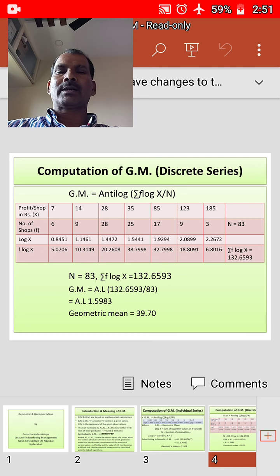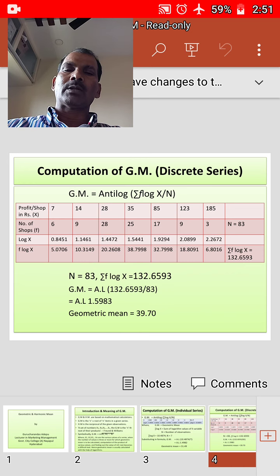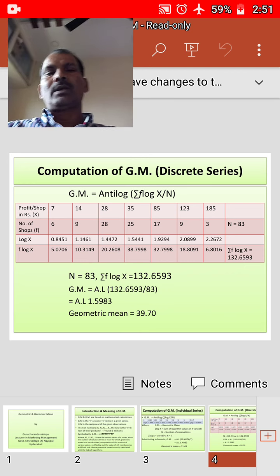If we substitute in the given formula, GM is equal to antilog of sigma f log x by n, that is antilog of 132.6593 by 83, which is antilog of 1.5983. For this, you need to find the antilog. Then you will get 39.70, that will become the geometric mean of the given data.